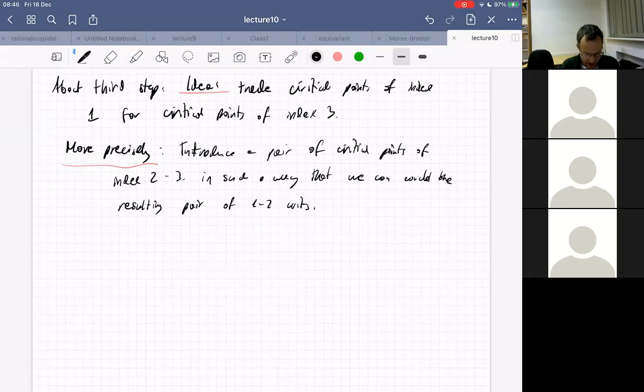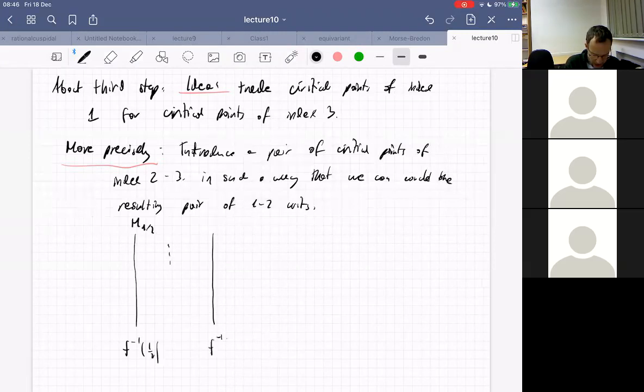Okay, so how do we start? First, of course, we need to be careful. If we need to introduce the critical point of index 2, we need to make sure that it forms a canceling pair with the critical point of index 1. So let me call it m_{1/2}.